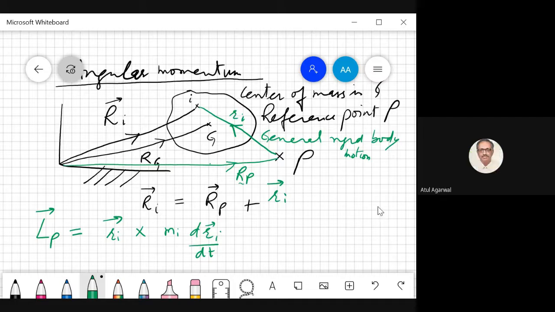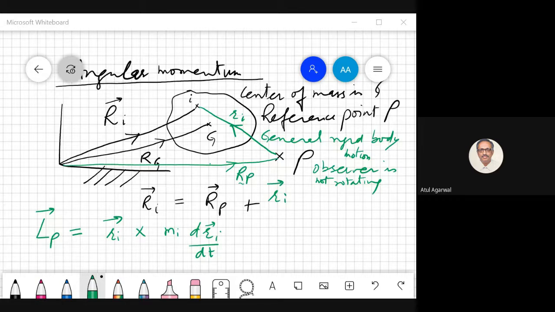Yes, sir. But we are assuming that this observer is not rotating. Observer may be translating, or he may be fixed, but he is not rotating. So our unit vectors using which we are measuring this ri, those basis unit vector directions are the same.